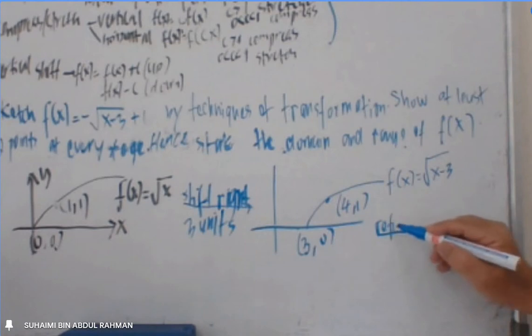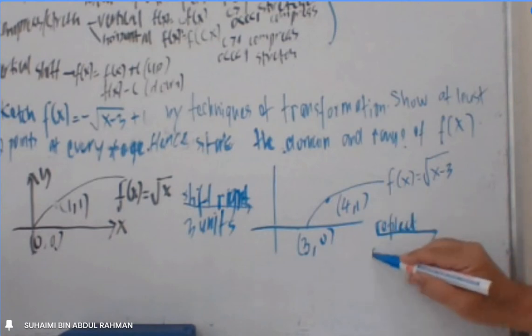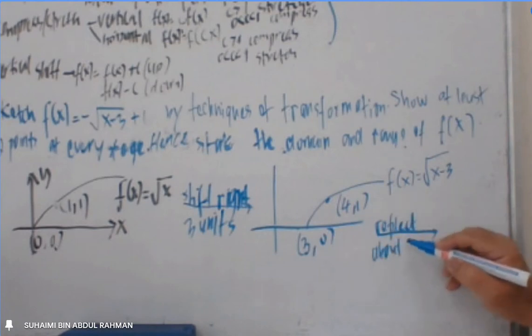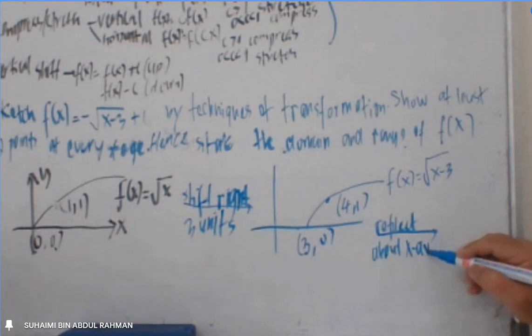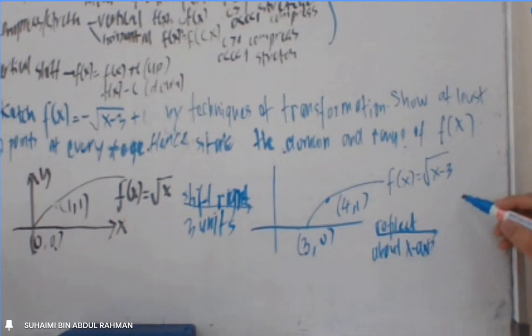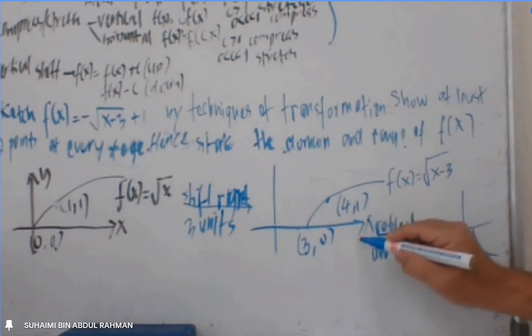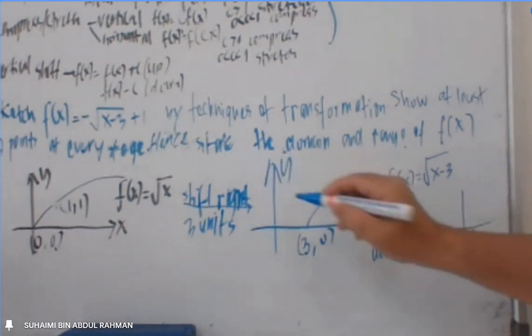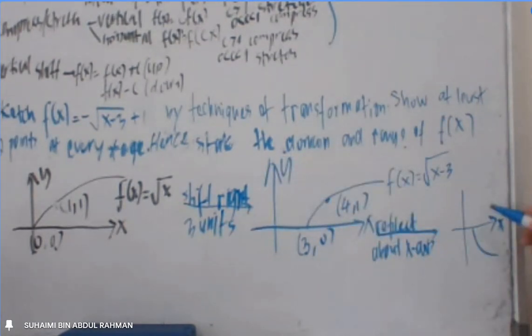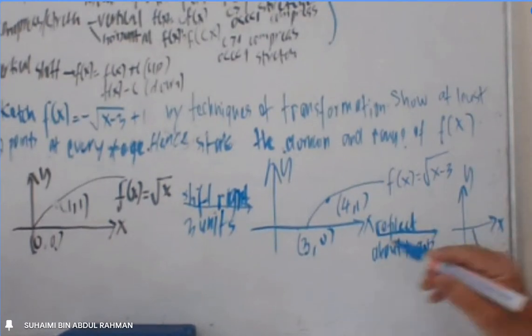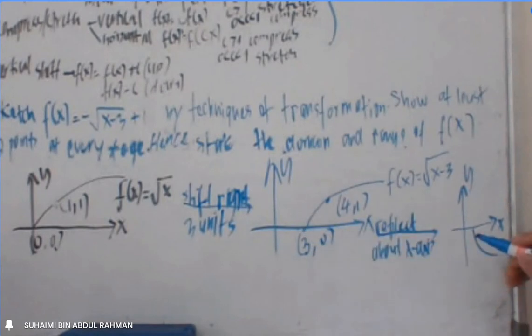When we reflect about the x-axis, we have a new function. This is x, y. The point 3, 0 will go to which point?